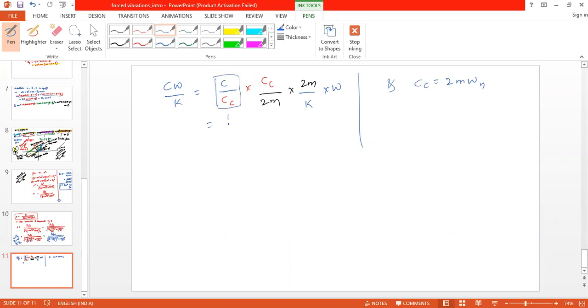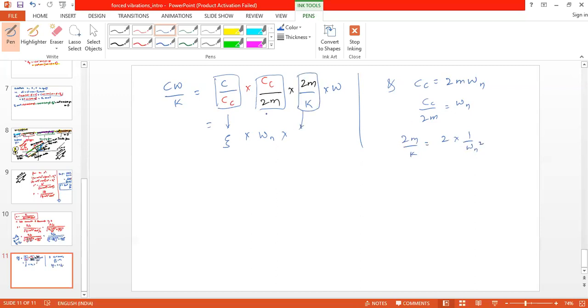So c by Cc can be written as zeta. This is zeta multiplied by, you know that Cc is equal to 2m omega n, or Cc by 2m is omega n. So in place of this, I can write omega n multiplied by 2m by k, which is 2 into 1 by omega n square.